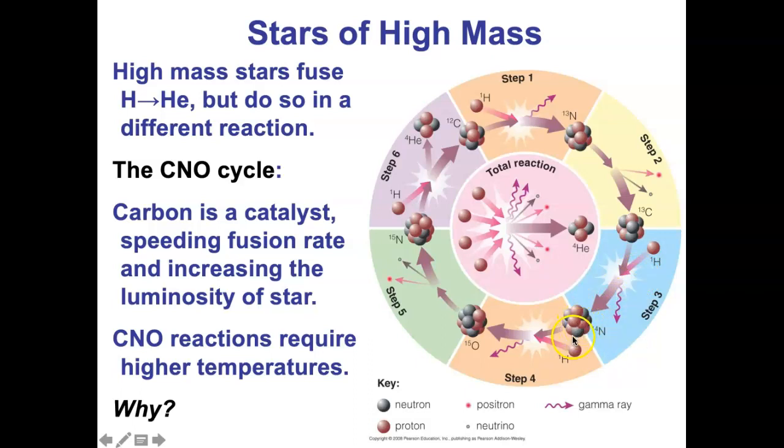The nitrogen-14 will fuse to another hydrogen, produce another gamma ray. That becomes oxygen-15, which is unstable. It decays into nitrogen-15, emits another positron and another neutrino. And then the nitrogen-15 fuses onto another hydrogen, and that produces helium.